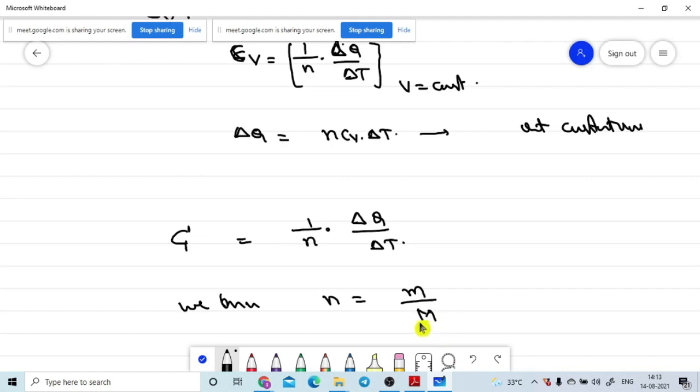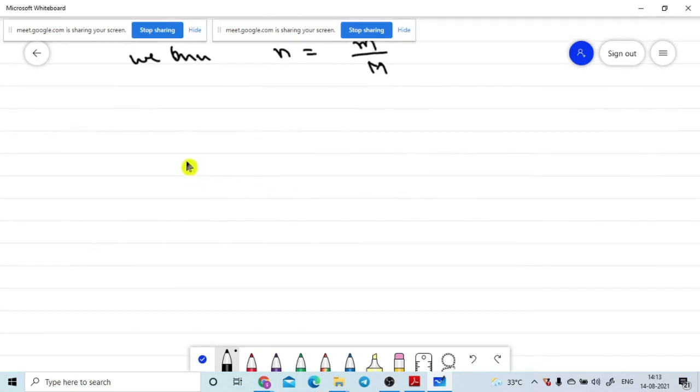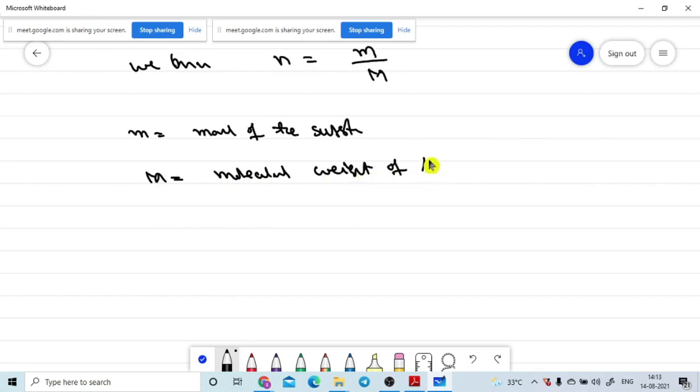Let me define here, where small m is equal to mass of the substance, where capital M is equal to molecular weight of the substance.